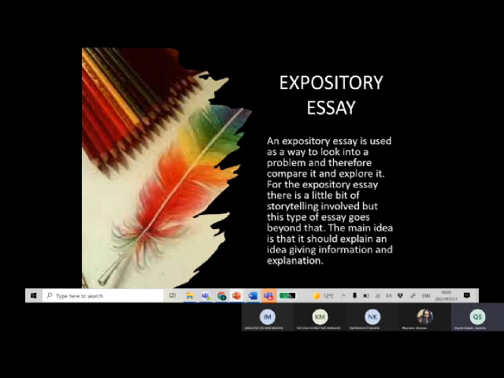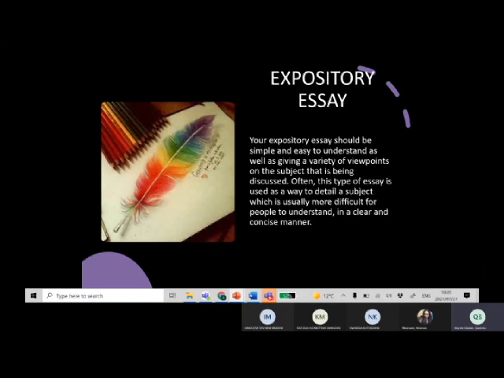So you provide the information and you explain the information. So your expository essay should be simple and easy to understand, as well as giving a variety of viewpoints on the subject. So unlike the argumentative essay where you present your point and the refutation, here you provide the different opinions that are available on that subject.